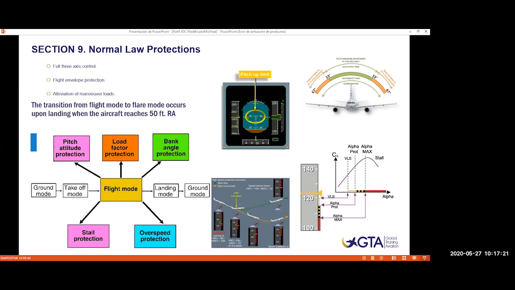What happens with the load factor protection? Normally, with load factor protection, we try to avoid stressing this aircraft. We want to be soft. How we fly will be in a soft way.